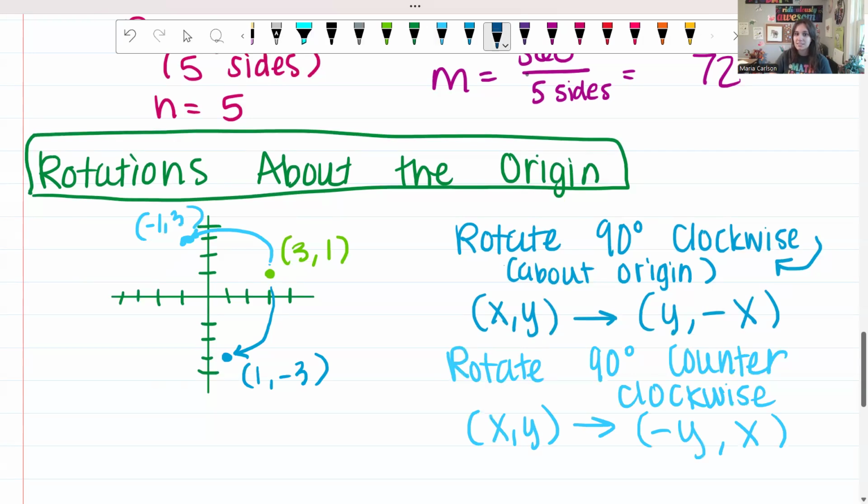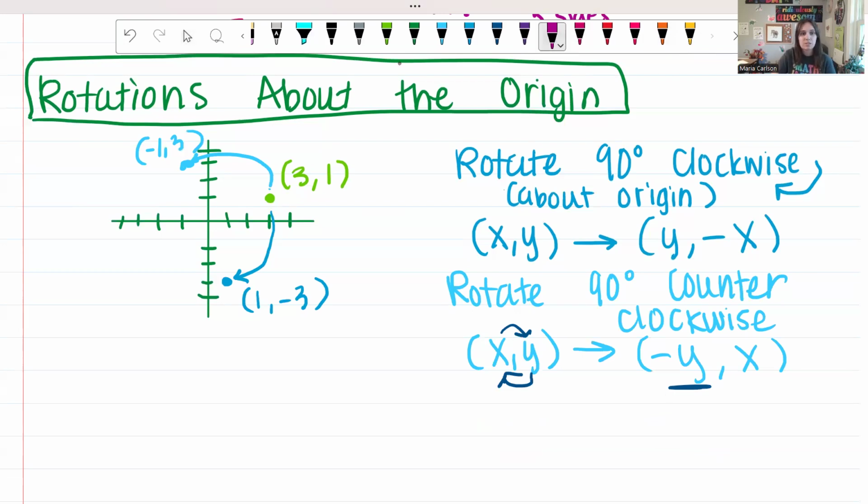The x and the y switch places, but now this time the y value, which is now the new x, became negative. So flip them and then make that first coordinate negative.